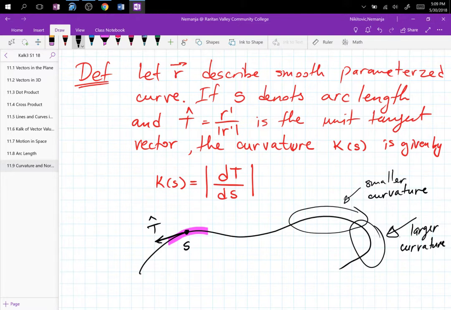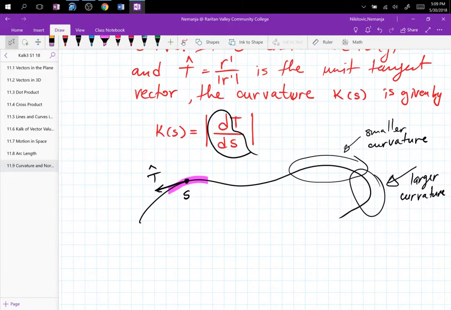So now, if you think about this, the derivative part in front of T is telling you how much it turns. If you studied the derivative and you know what it means, derivatives measure change. So I am measuring how fast this tangent vector is changing.